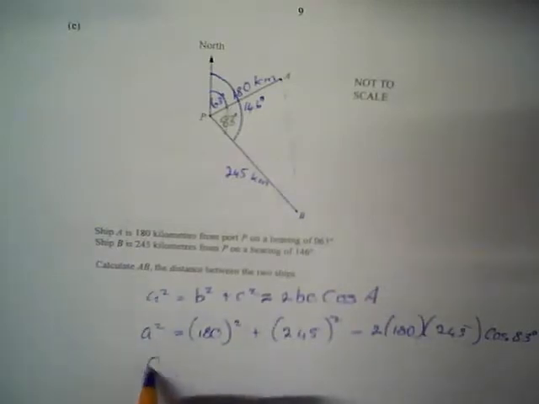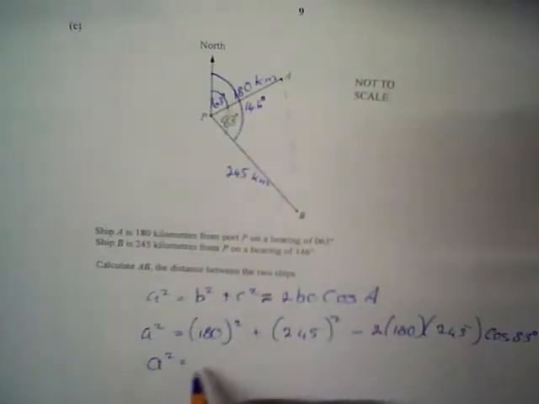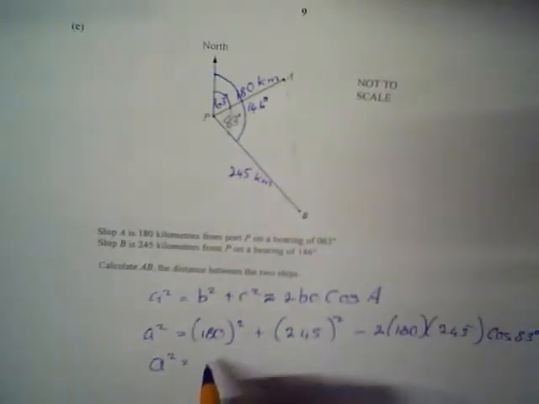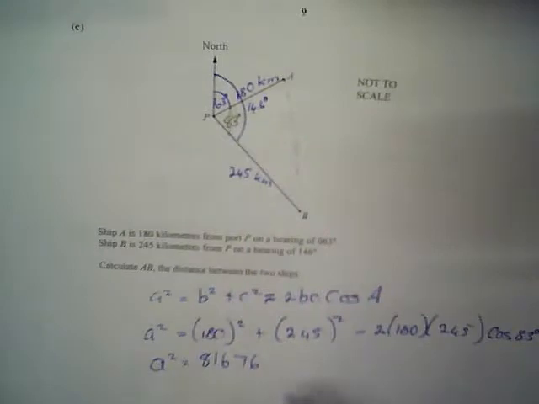Okay, a squared. When I do that, I just plug this whole thing in my calculator. Okay, quickly do it. 81676. Okay, and that would be kilometers squared.